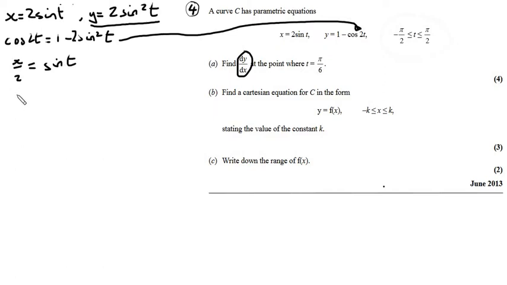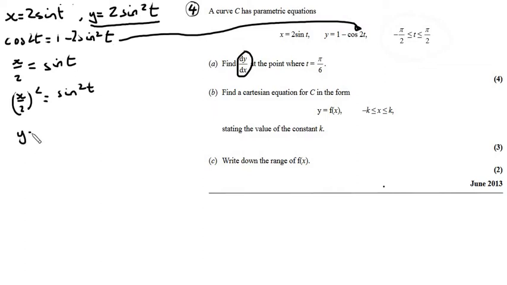And therefore x over 2 squared is going to equal sine squared t. So we can just plug this straight into y equals 2 sine squared t.